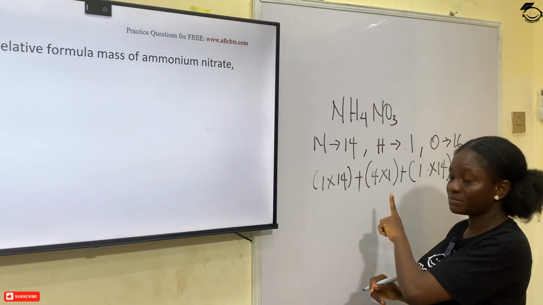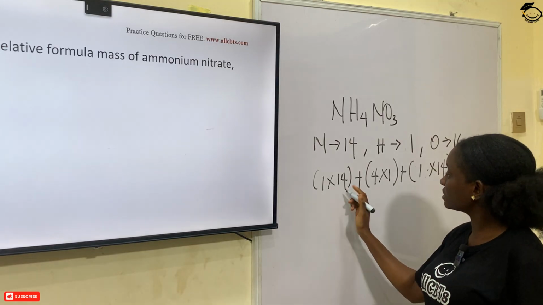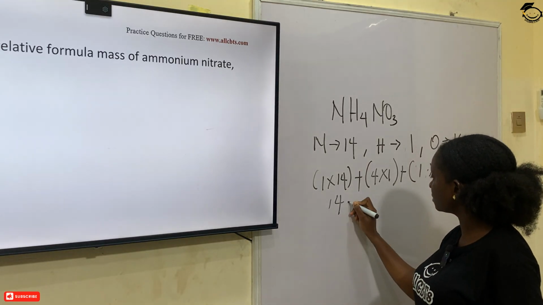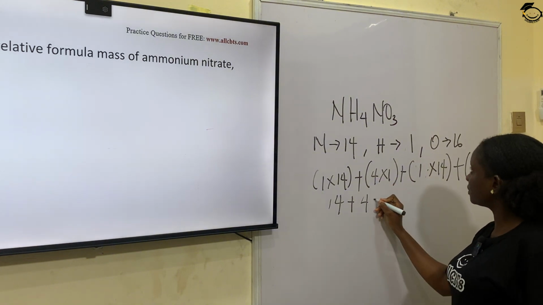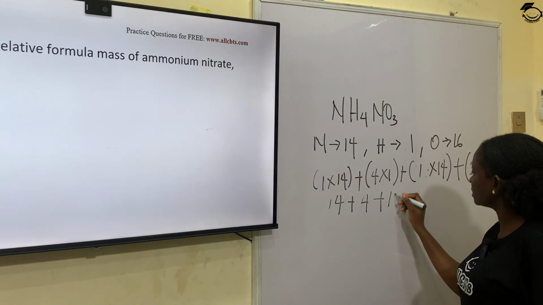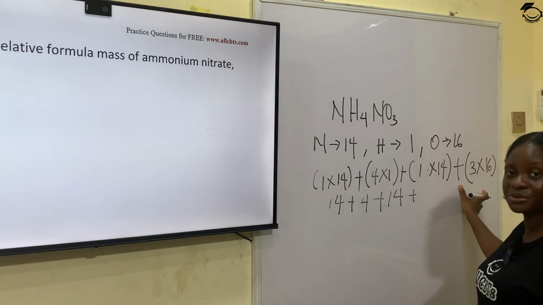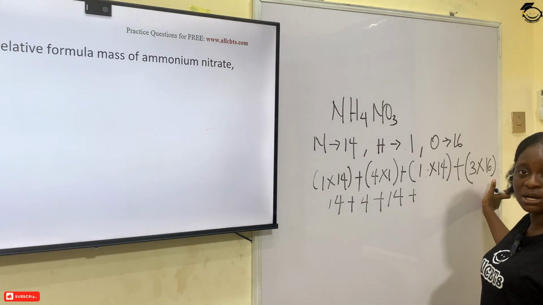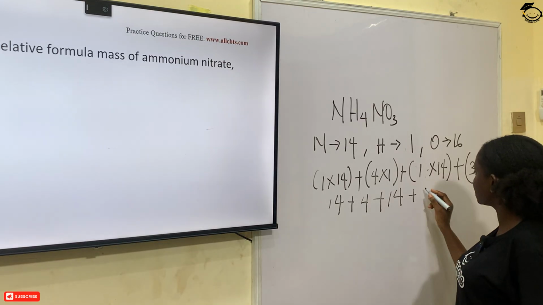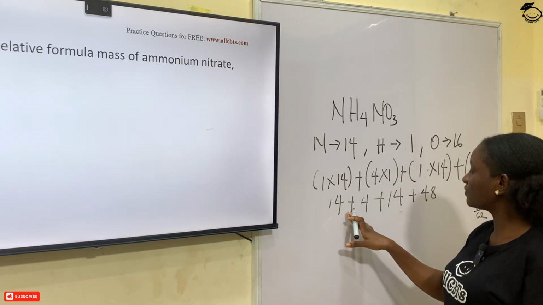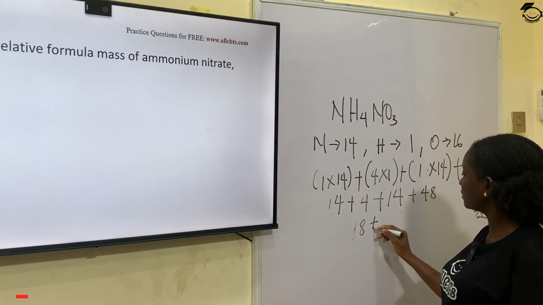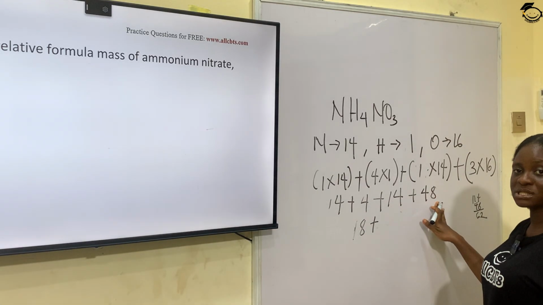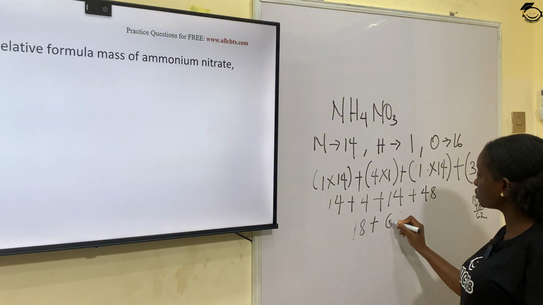So the next step is to multiply. That's 1 times 14 will give 14, plus 4 times 1 will give 4, plus 1 times 14 will give 14, plus 3 times 16, that will give 48. So 14 plus 4, that's 18, plus 14 plus 48 will give 62.